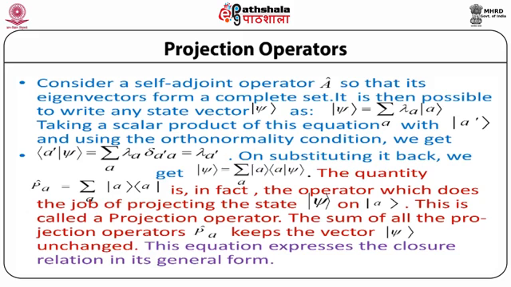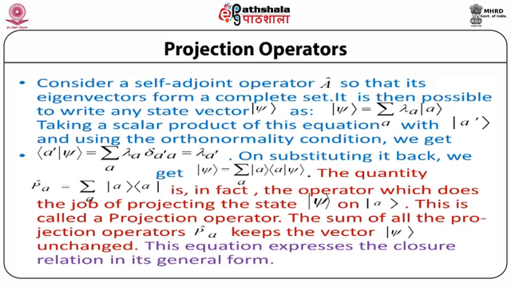Now, taking a scalar product of this equation with the ket vector |A'⟩ and using the orthonormality condition discussed earlier, we get ⟨A'|ψ⟩ = Σ_A λ_A δ_A'A = λ_A'.